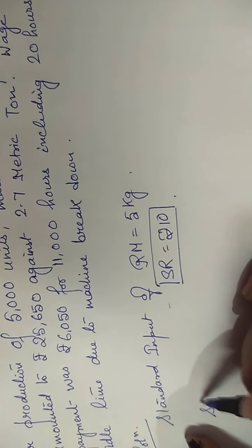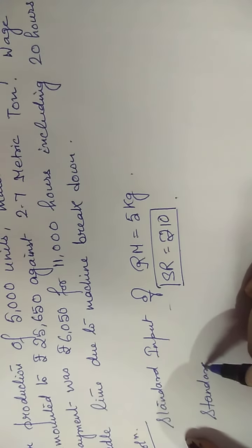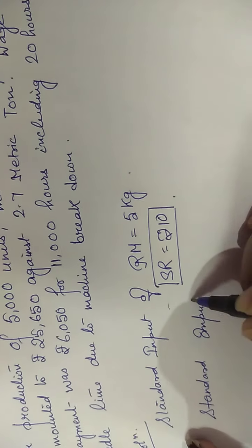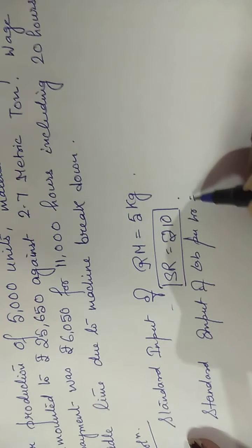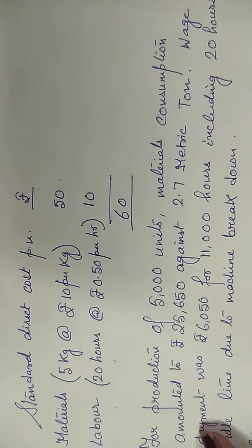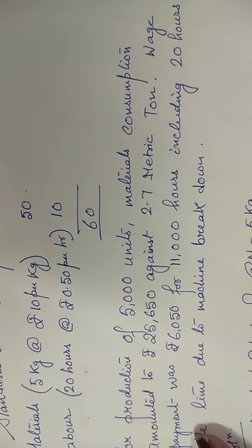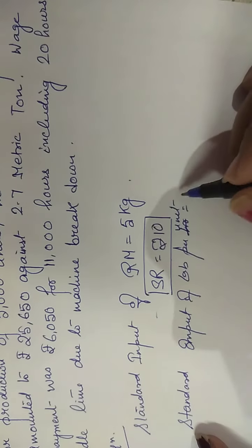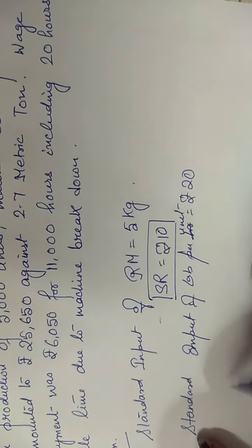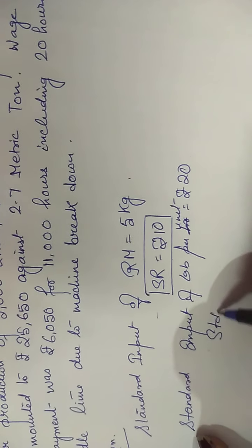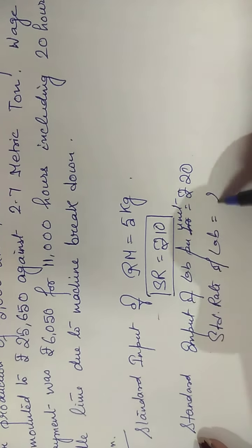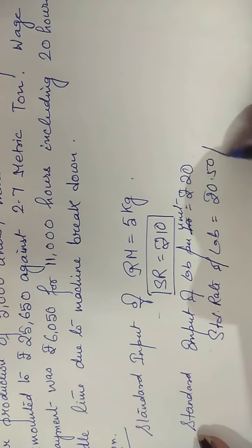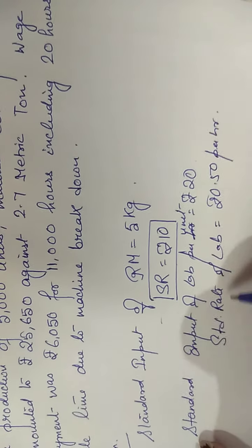So standard input of labor is 20 hours per unit, and standard rate of labor equals rupees 50 paise per hour. Done.